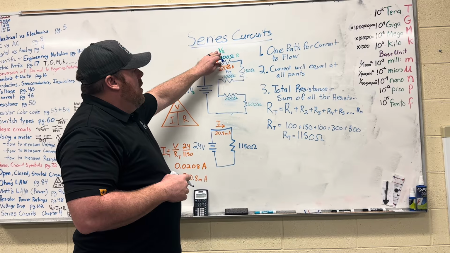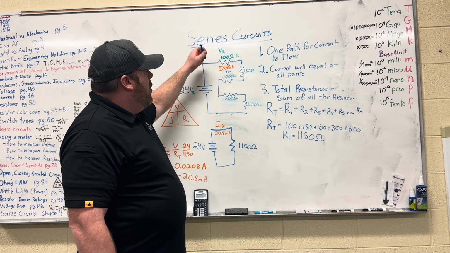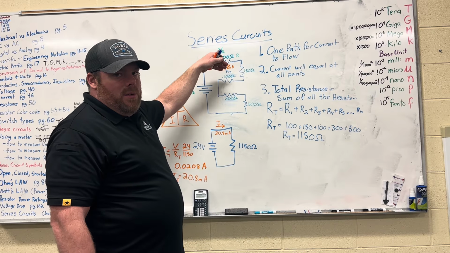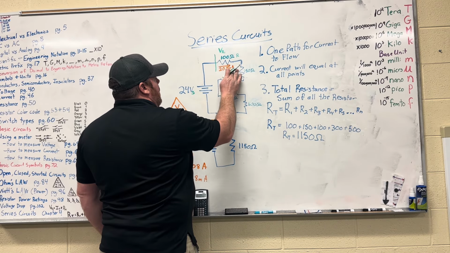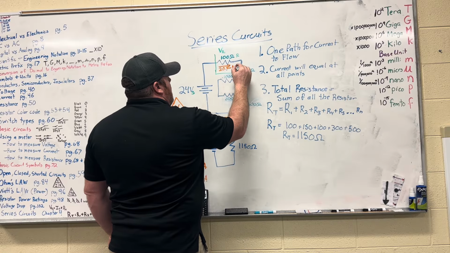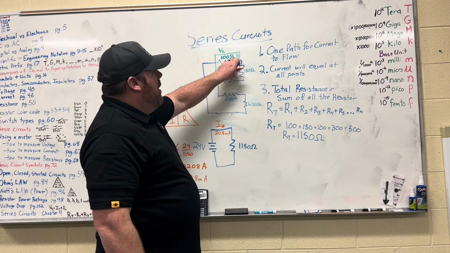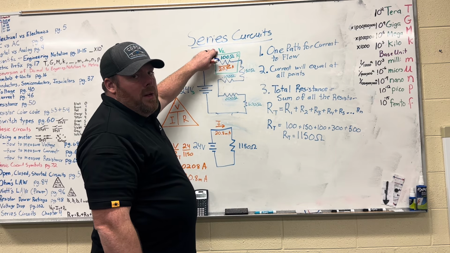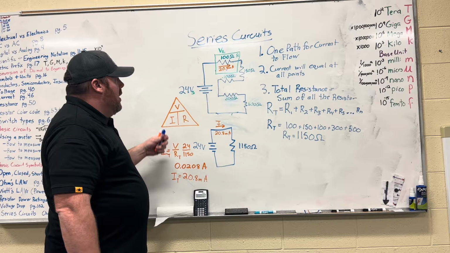If you see VR and then a number, 1, 2, 3, it's saying the voltage drop across this specific resistor. So when you're thinking about voltage drop, the only thing I want you to focus on is these two numbers. We have a current value, we have a resistor value, and we're looking for a voltage. We're still using the same Ohm's law calculation.